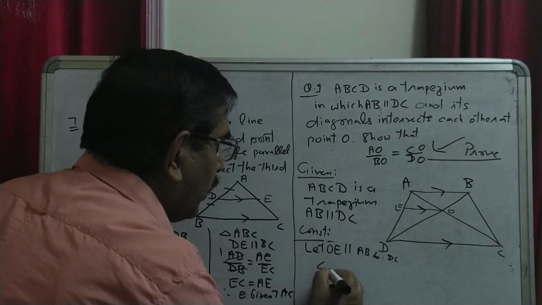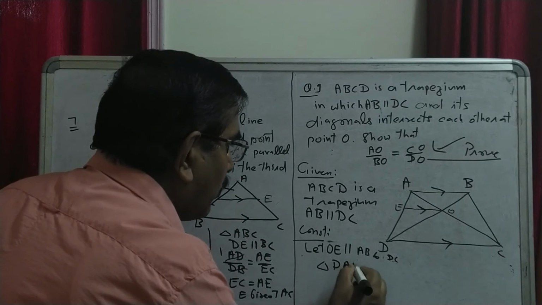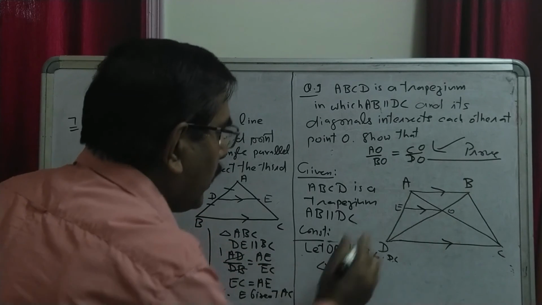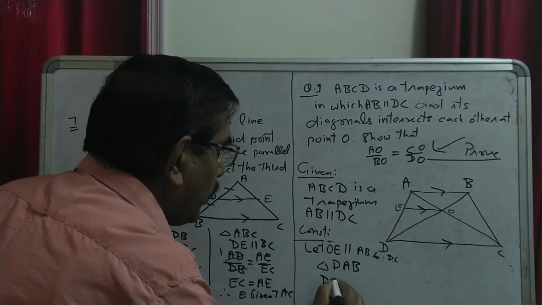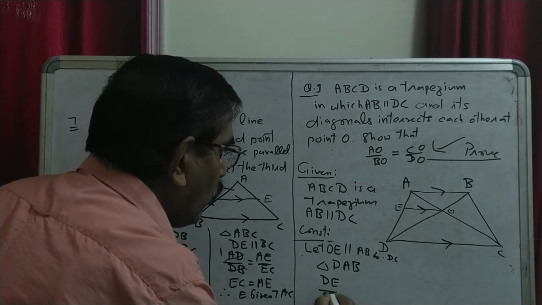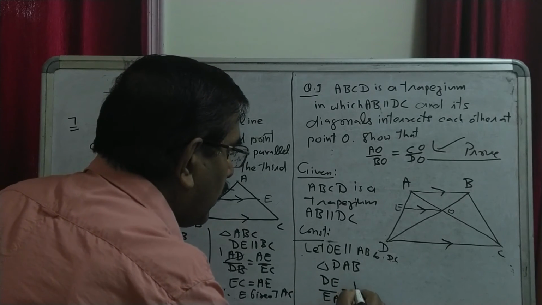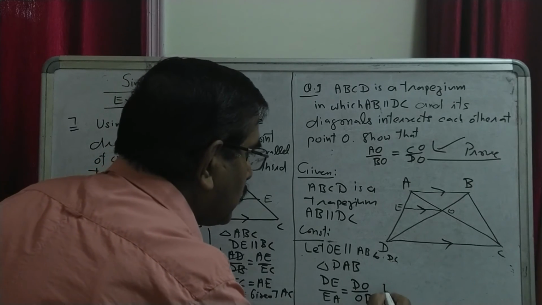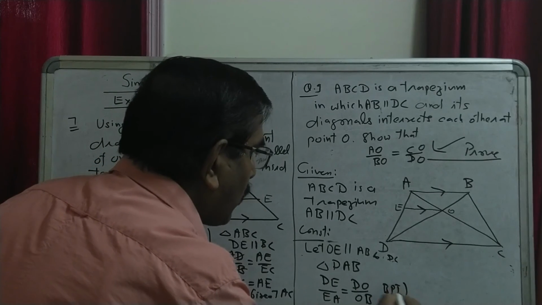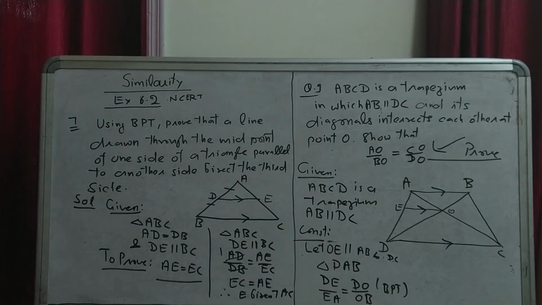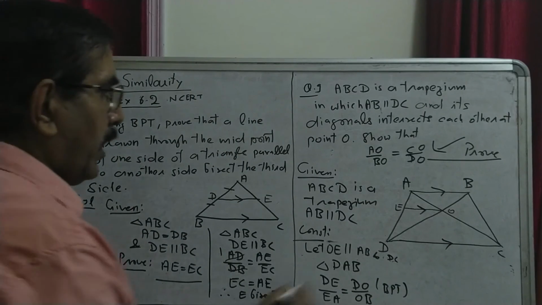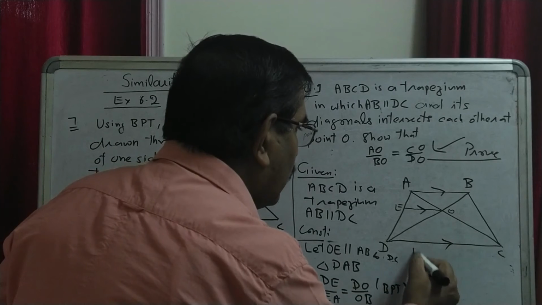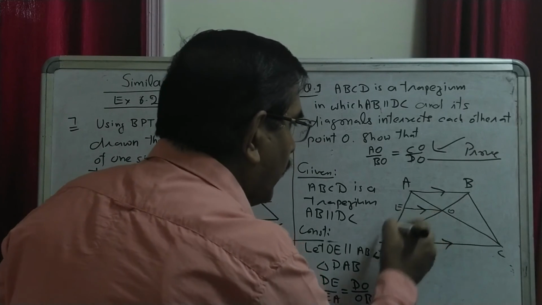So let us start. Initially you take the triangle DAB. Now in this triangle DAB, you have DE over EA is equal to DO over OB. This is nothing but BPT, which I have applied directly, children. Similarly, you take the triangle ADC.